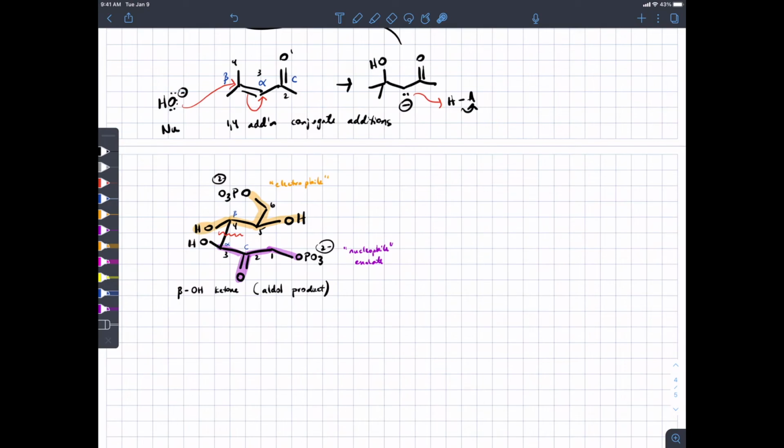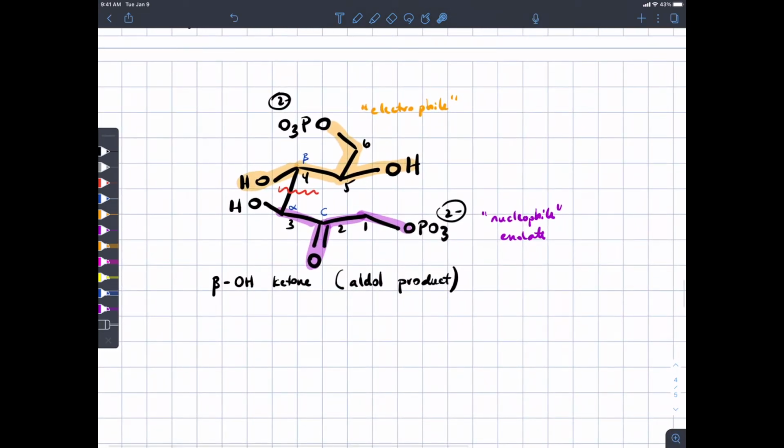Nature's efficient, it's going to split this into 2 3-carbon products, and it turns out we'll be able to convert one of them into the other, and then we can shunt everything down the same pathway. But we're set up perfectly to break this molecule into 2 3-carbon pieces because of this beta hydroxycarbonyl compound.